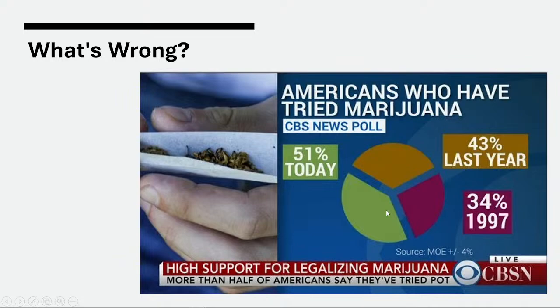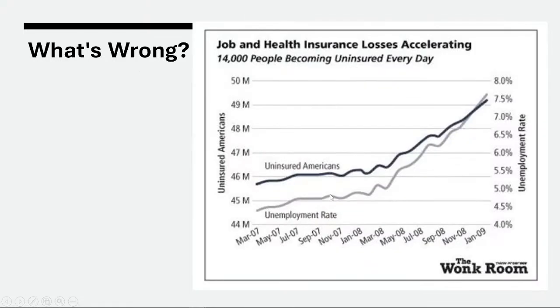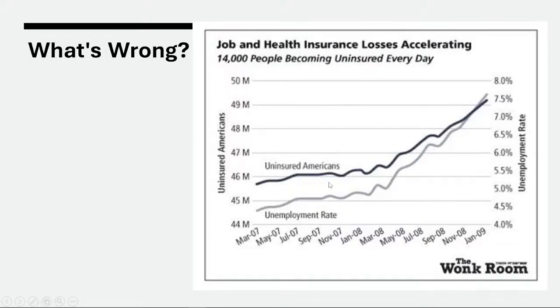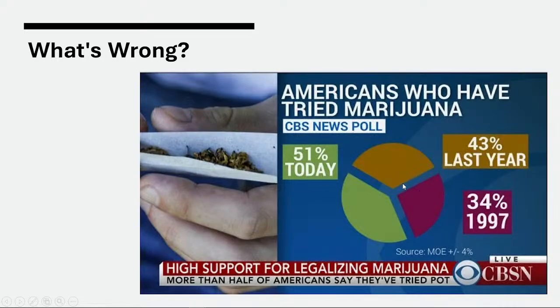But the better example would be something like this to show us how those perceptions have changed, because we have a change over time, a timeline or some sort of graph like this would show us much better than a pie chart.